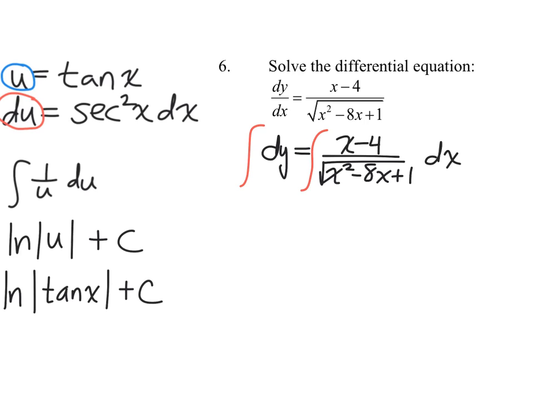But really it's the antiderivative on the left-hand side, antiderivative of 1 dy. There's the understood 1 there. The antiderivative of 1 with respect to y would just be y. So y equals this integral. That's all just setup work, though, because we haven't even gotten to the part where we're actually integrating.